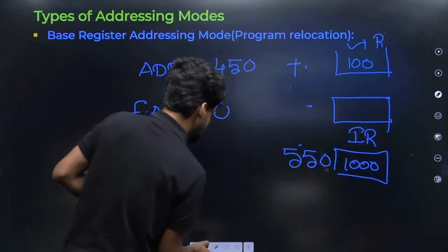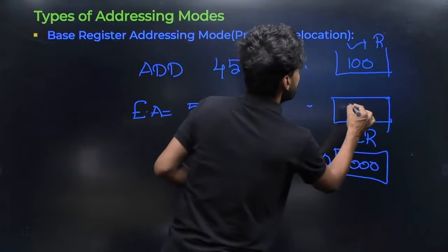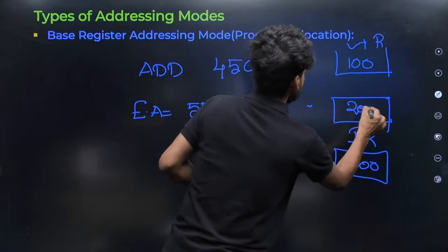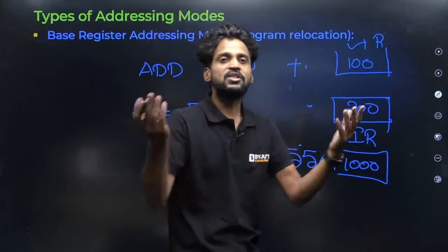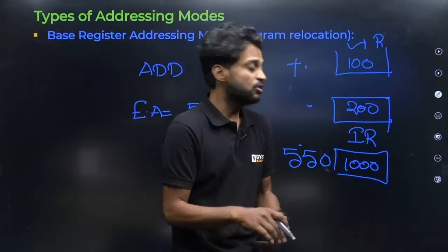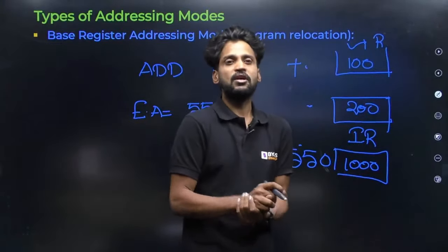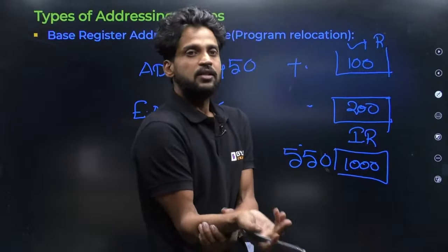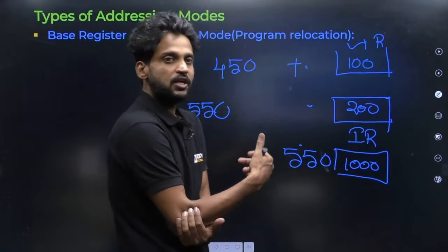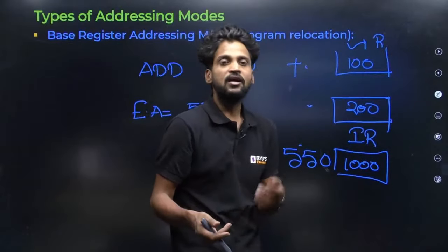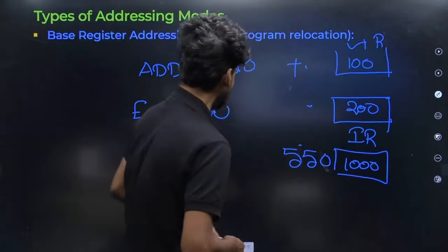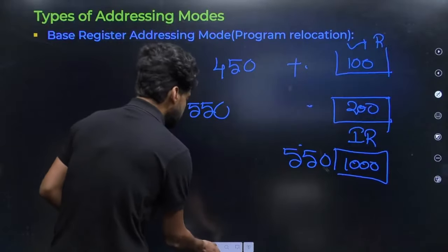Let us say the contents of the index register is equal to 200. 200 plus 450 is equal to 650, which is the effective address. You need to go to the 650th memory location to get the operand for the instruction. Accumulator is equal to accumulator plus memory of 650 in the index register addressing mode. Are we clear? Shall we go further?